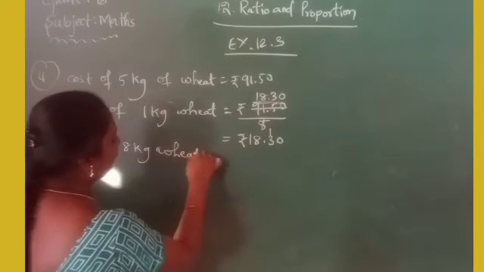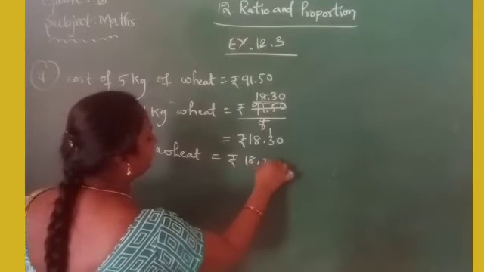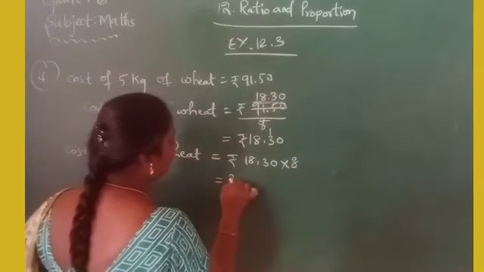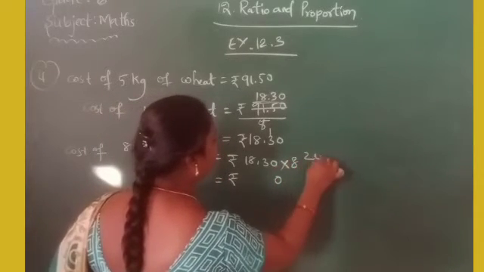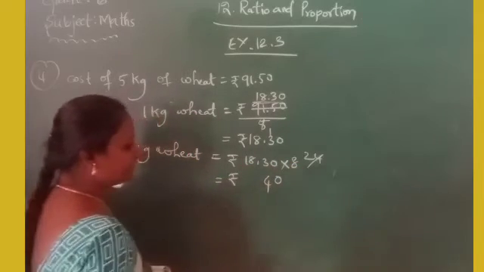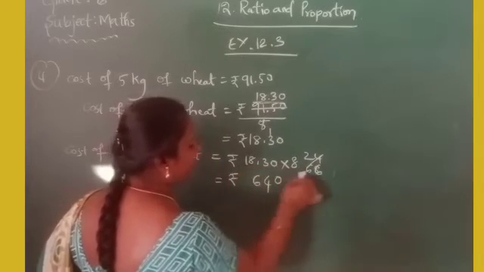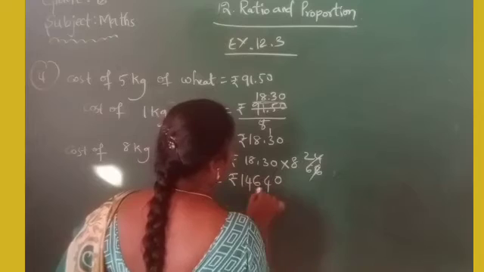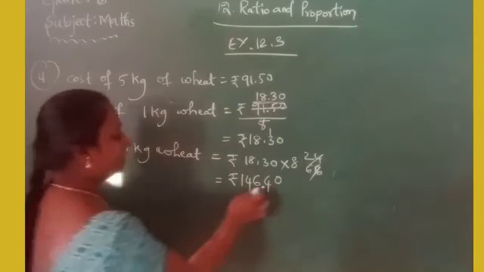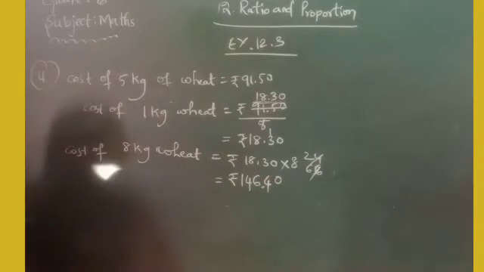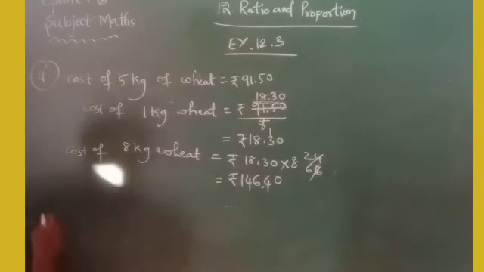Multiply 18 rupees 30 paise into 8. Multiply: 0, 8 3s are 24, 8 8s are 64, 64 plus 2, 66. 8 1s are 8 plus 6, 14. So where do you give the decimal point? Before the point 4. Then the cost of 8 kgs of wheat is 146 rupees 40 paise.